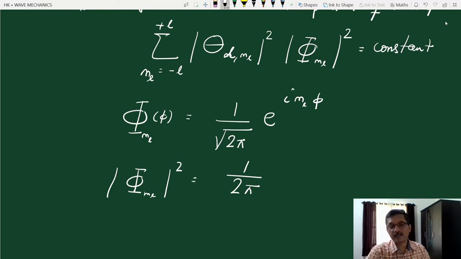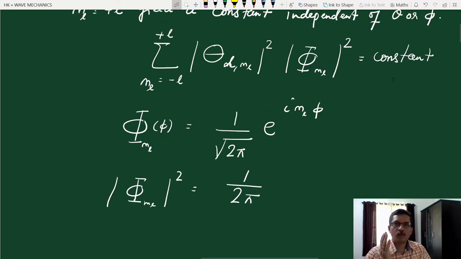That is why we say that the probability density has a cylindrical symmetry. It is symmetric about the z axis, independent of the azimuthal angle phi. If a quantity is independent of the azimuthal angle phi, it has the same value at a particular distance from the z axis. That means it has cylindrical symmetry. So since mod phi square is constant, we can remove it from this expression.